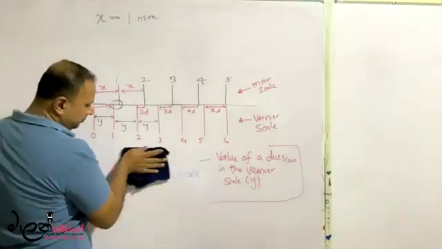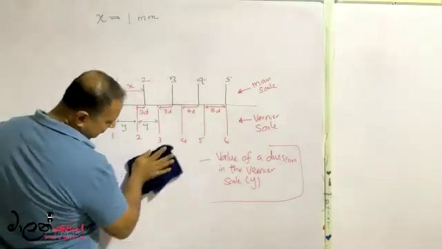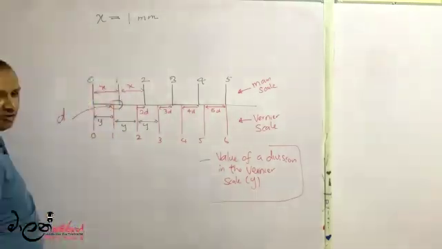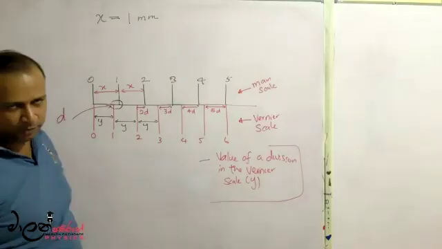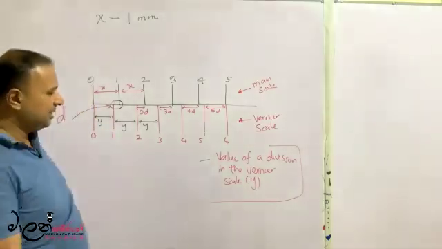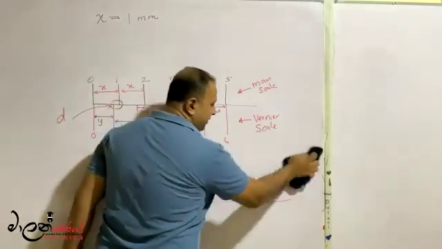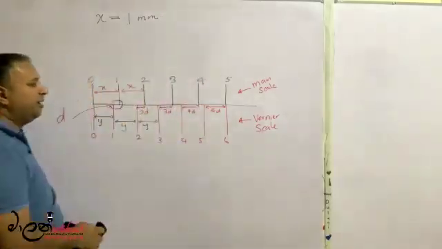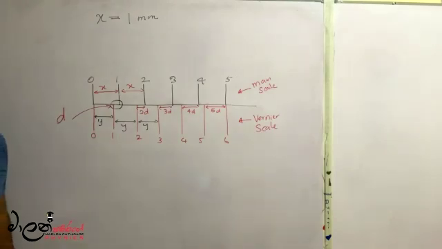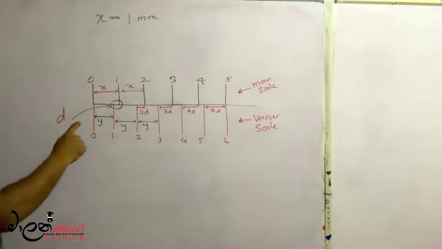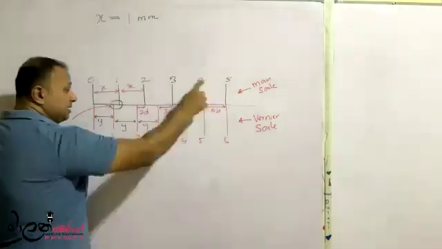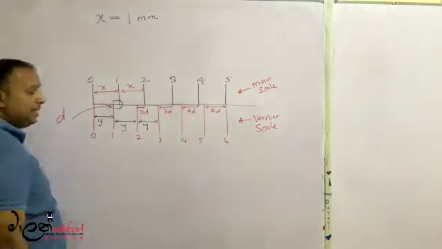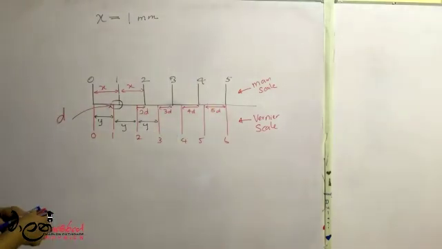5 divided by 6. Very good. Therefore, what is the value of y? Y is equal to 5 divided by 6, because 5 millimeter is divided into 6 equal parts.